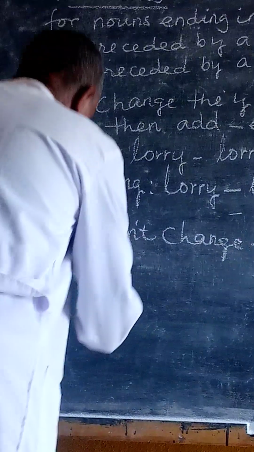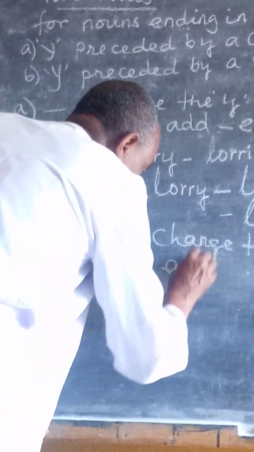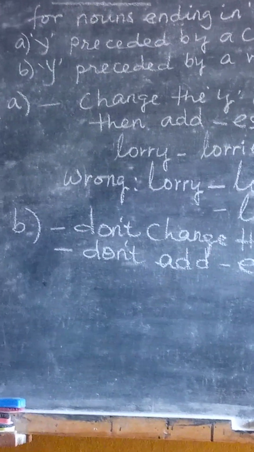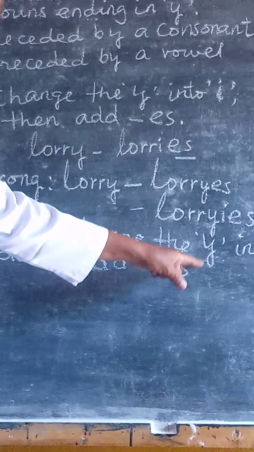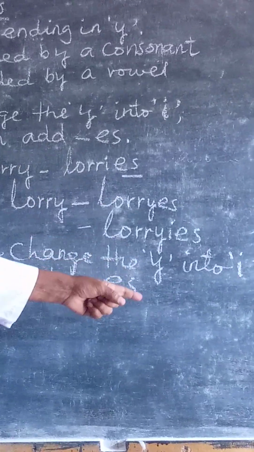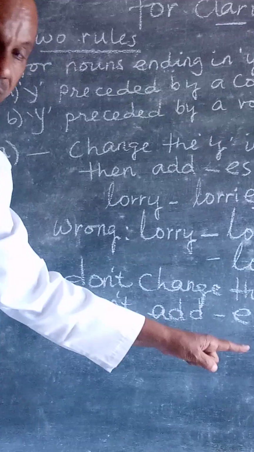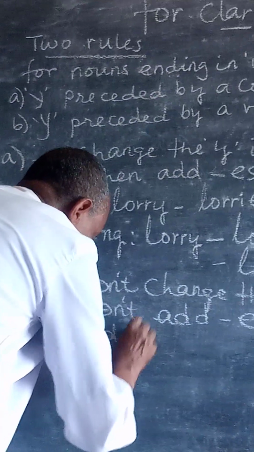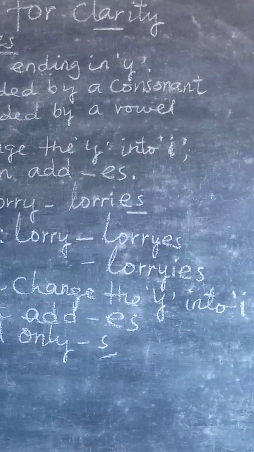Second, don't add ES. When the ending is Y and that Y is preceded by a vowel, don't change the Y, and don't add ES. Add only S. Add only an S. That is the rule.